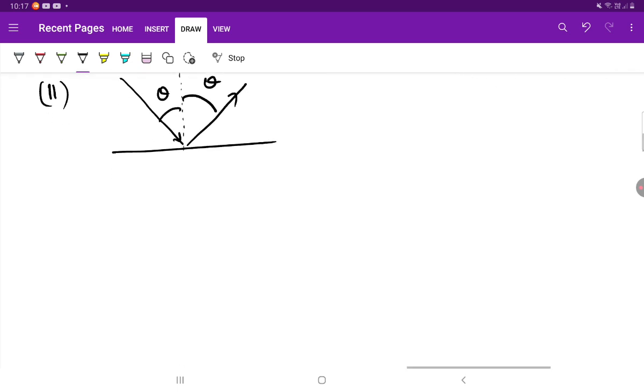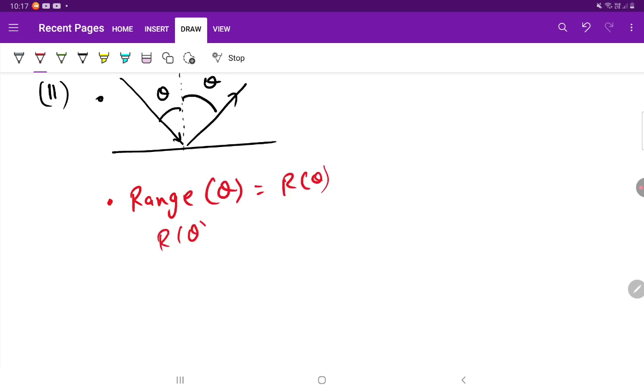This is the first observation. The second observation is that if we write the range as a function of theta, R(theta), then R(theta) equals R(pi by 2 minus theta), or 90 minus theta. I'm writing in radians. So basically, the angles which are complementary provide the same range.